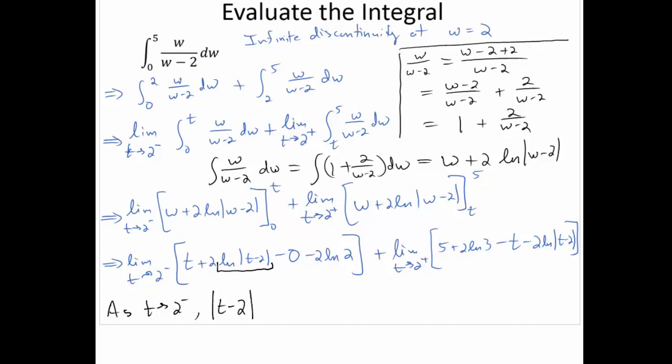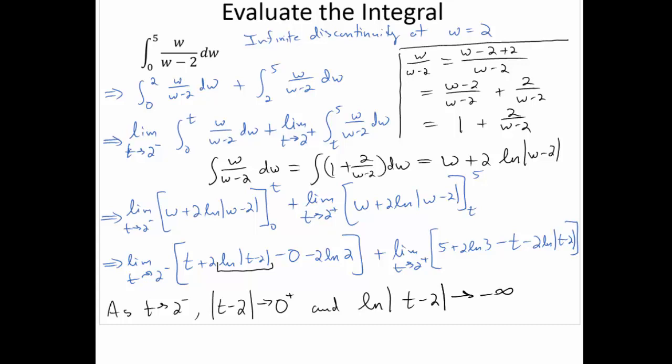So then the absolute value would approach 0 from the right-hand side, so small positive numbers. And the natural log of the absolute value of t minus 2, well, now let's think about that. If you think of the graph of the natural log function, remember, as our input approaches 0 on the right, our output goes to negative infinity. So the natural log of absolute t minus 2 would approach negative infinity as t approaches 2 on the left.